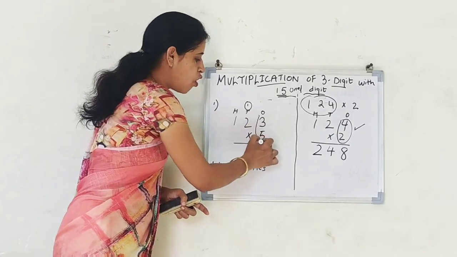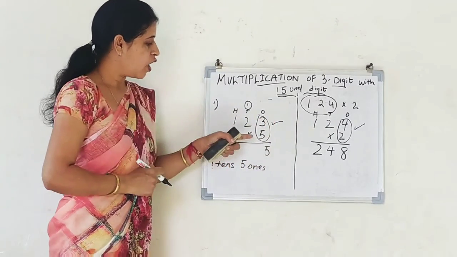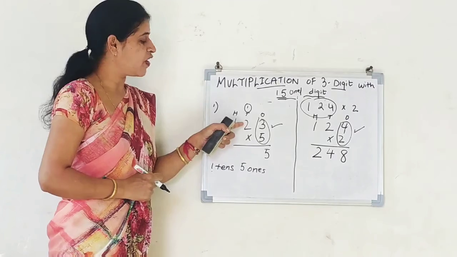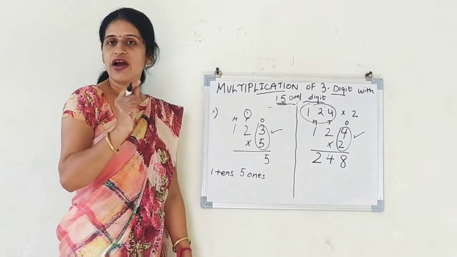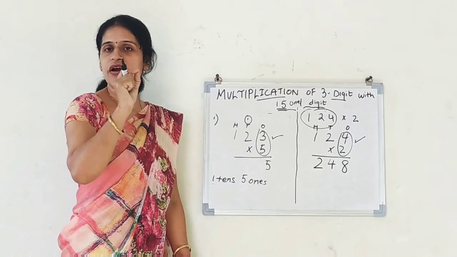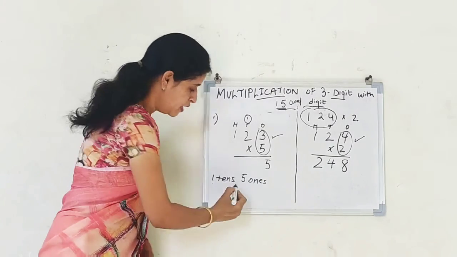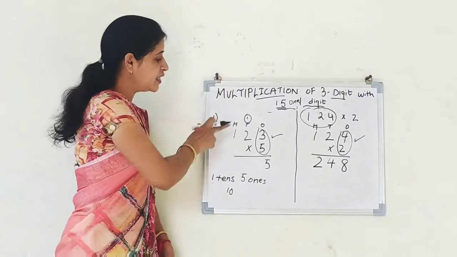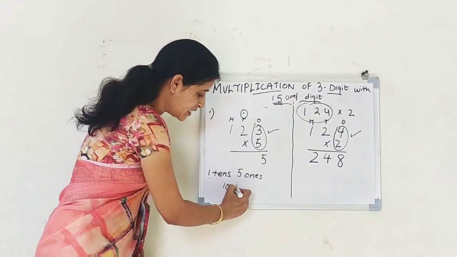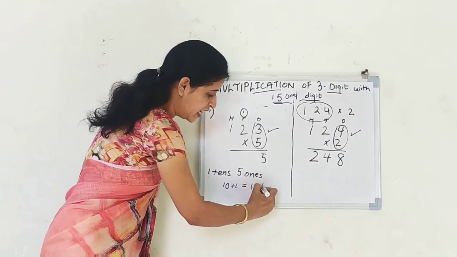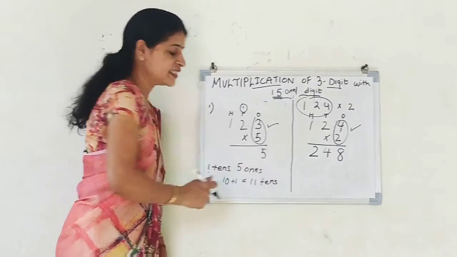Ones column we have already finished. Now let's multiply this 5 and the 2 tens. 5 2s are 10. 5 into 2 is 10. We have 10, but there is one carryover here. So when we add this carryover, we get 11 tens.